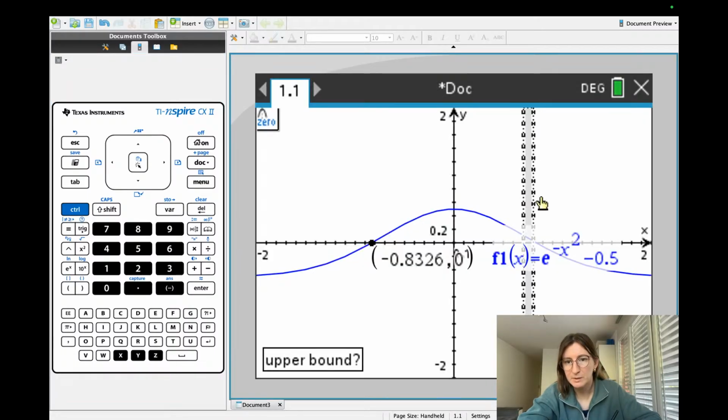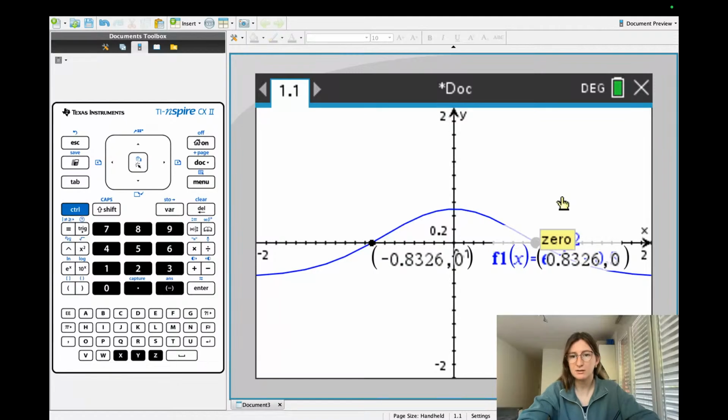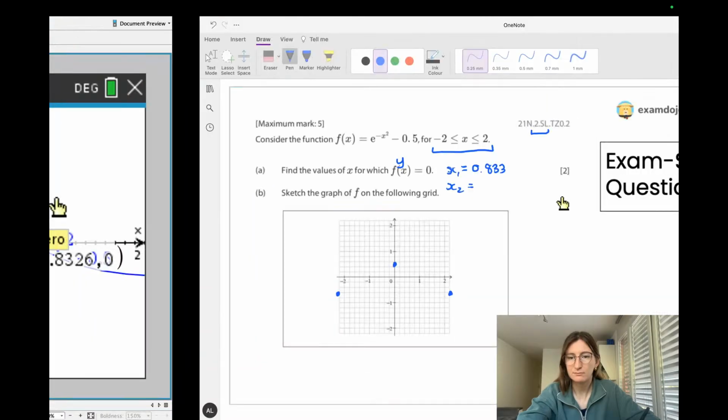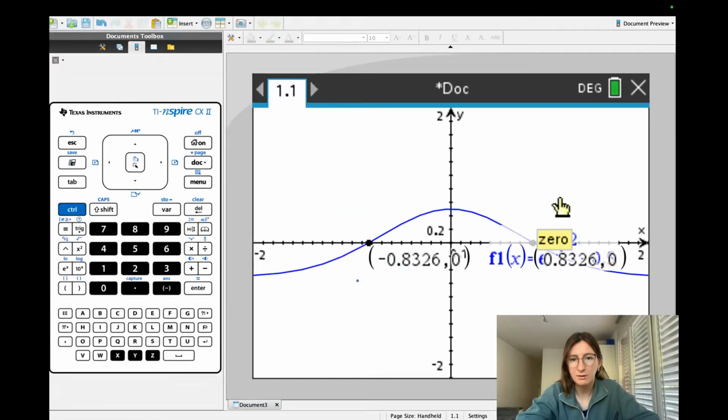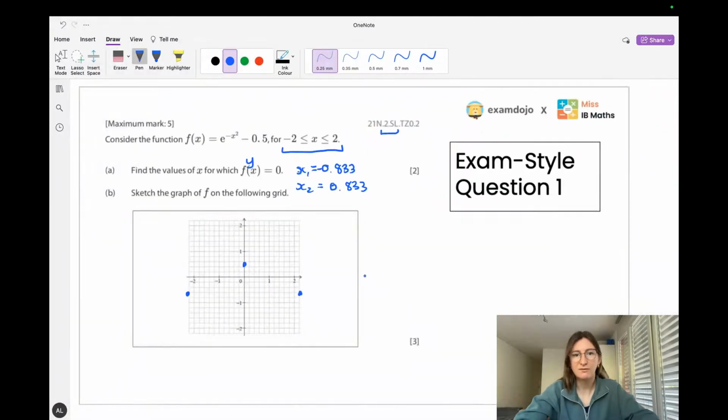It doesn't need to be any particular distance. 0.833. Look at that. Perfectly symmetrical. So that was negative 0.833 and positive 0.833. And seeing as you're reading it off the graph, there's no calculations to be done further, just 3 significant figures is good enough.